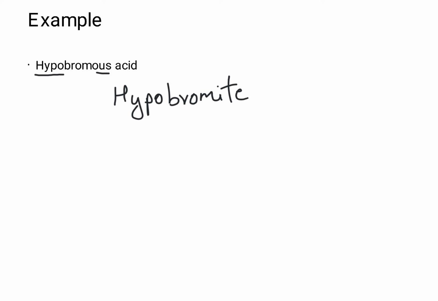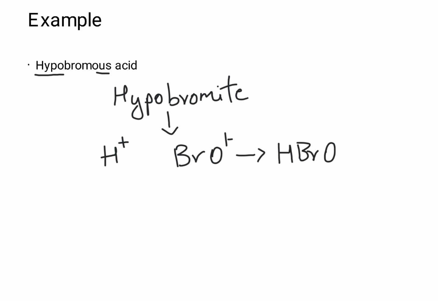Alright, and hypobromite has the formula BrO 1 negative, which is going to combine with H positive, and the result would be the acid with the formula HBrO. Okay, so these are the 4 different ways in which you can write formulas from the names of acid.